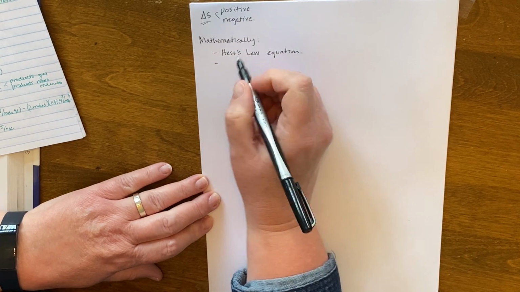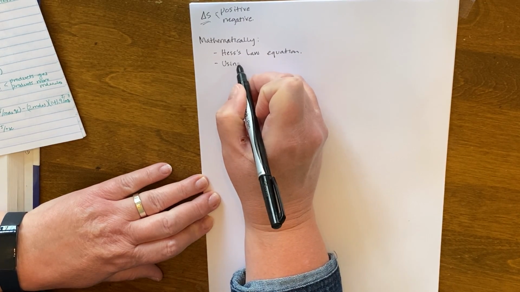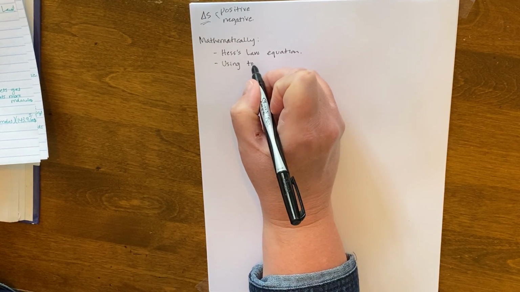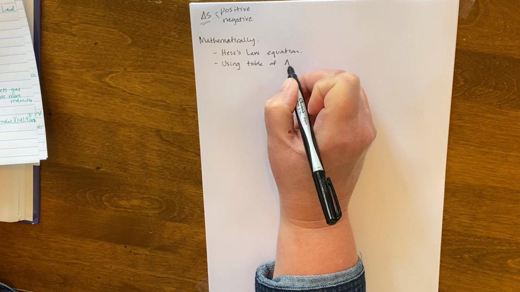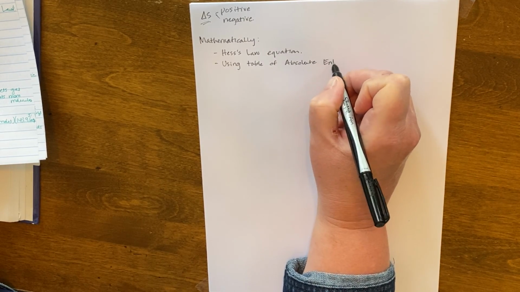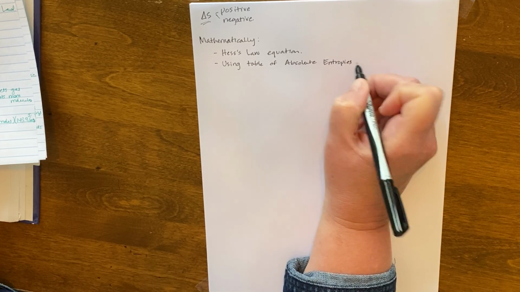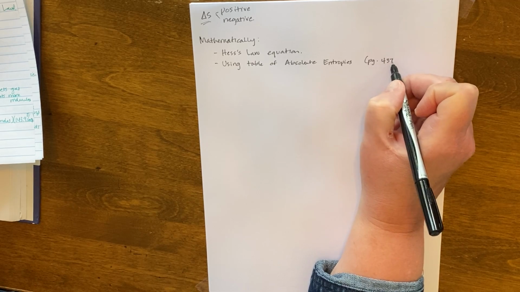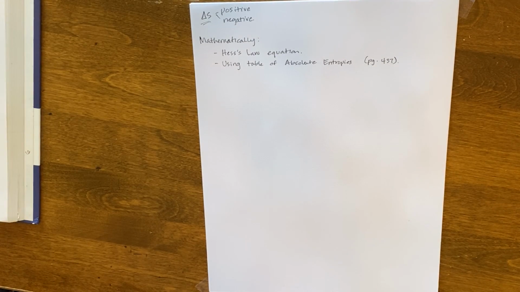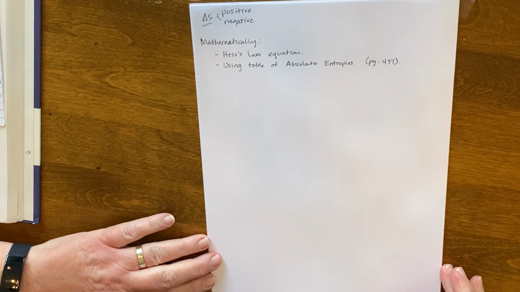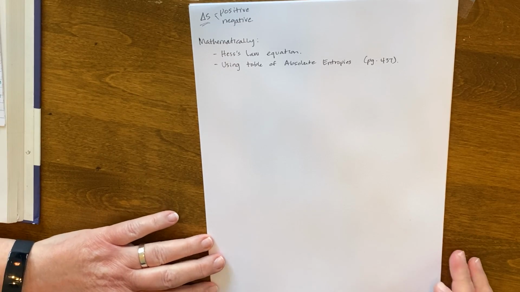We are going to be using the table of absolute entropies, and this is found on page 437 of your text. If you go to page 437, at the bottom is another table similar to the ones that we've been looking at, but this is a table of absolute entropies.